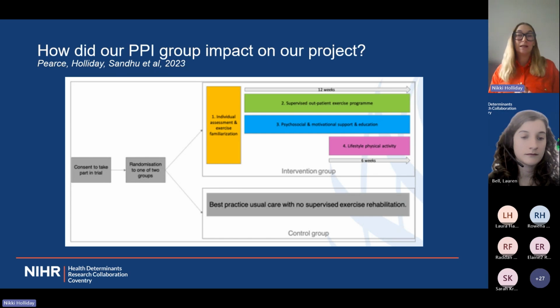So this is quickly what it looks like. We had an intervention group and a control group. The control group was best practice usual care with no supervised rehabilitation. And then in the intervention group, there was an individual assessment to get their baseline and familiarisation with the lifestyle exercises they would be asked to do.